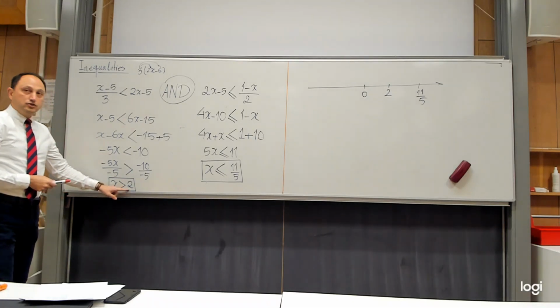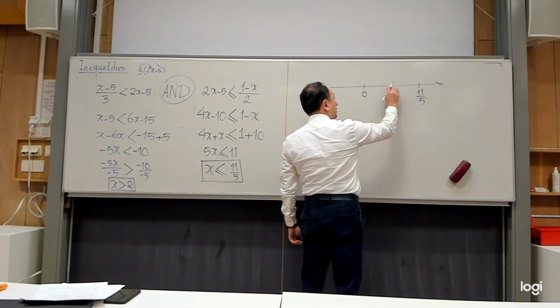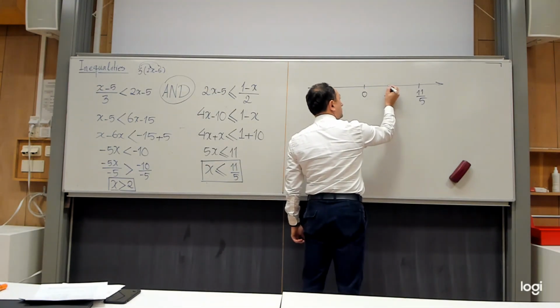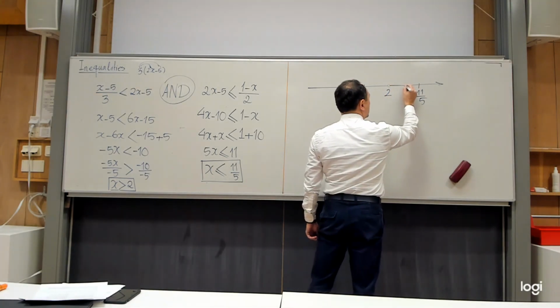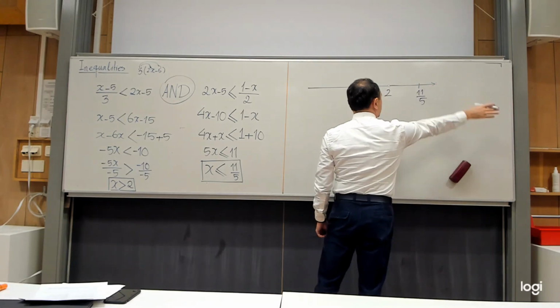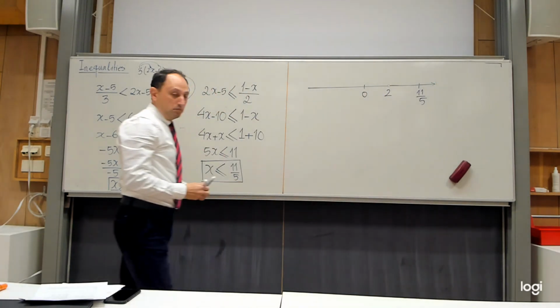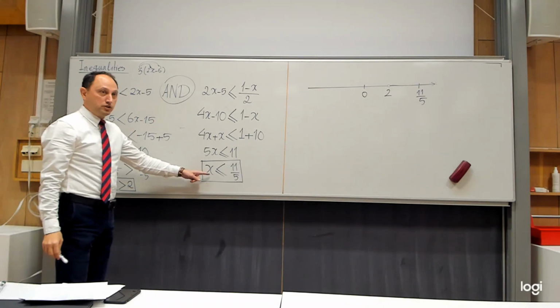Okay, now let me change the colors here. X greater than 2. It means that you start from 2, but hollow circle, because it is not included. And bigger than 2, you go in this direction. Yes, it goes in that direction. Okay. But let me change my color to red, and then try to show this picture.